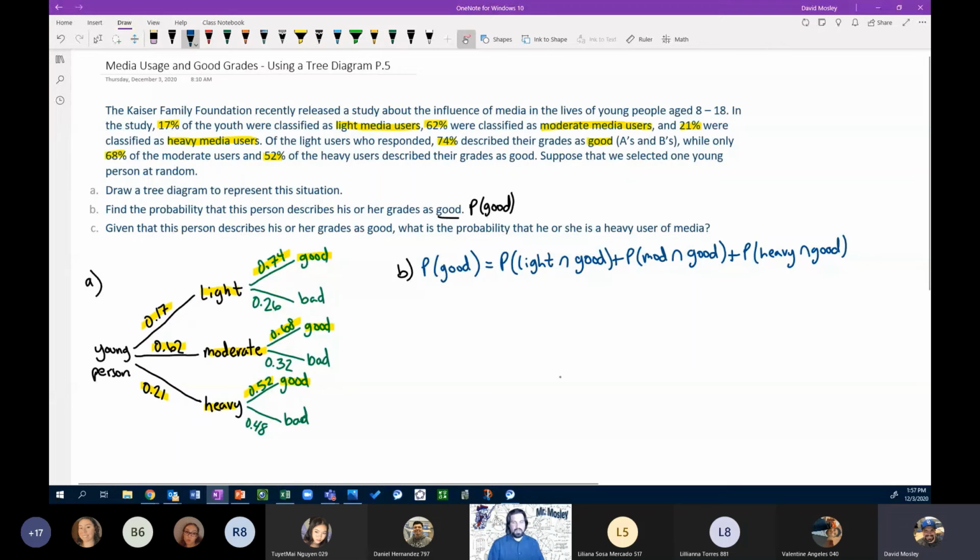So we just add them up, do multiplication. Right? Based on our general multiplication rule, we know that we just multiply the probabilities in the sequence.